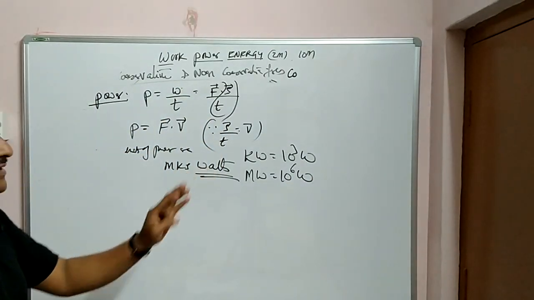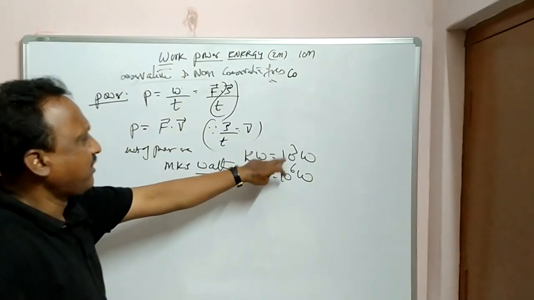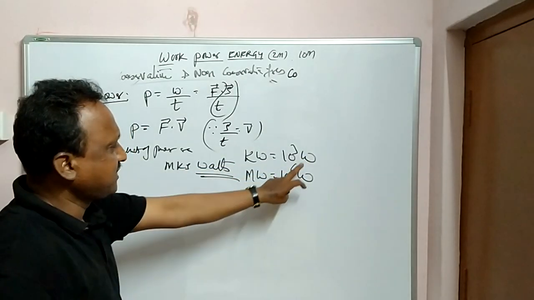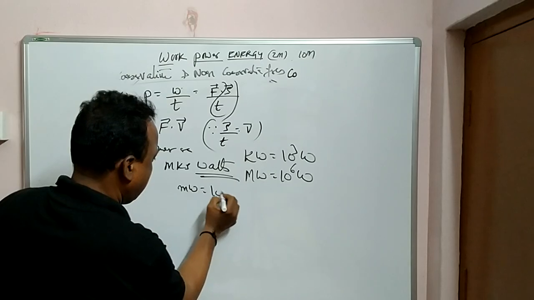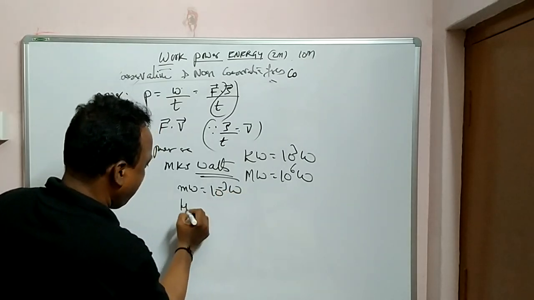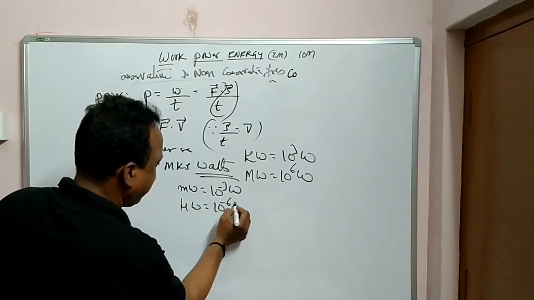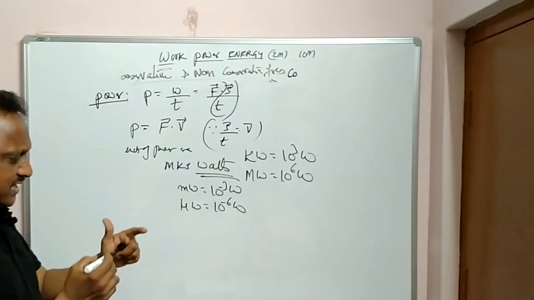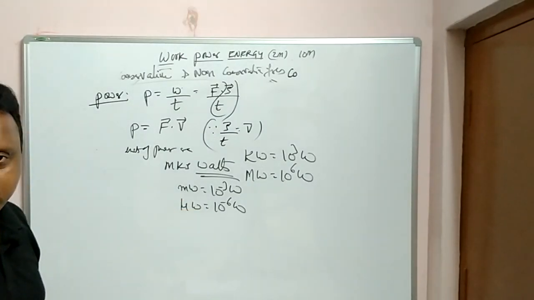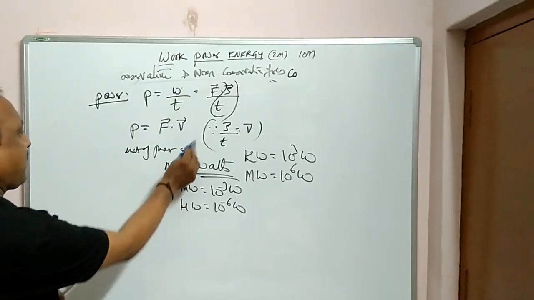So you can convert the factors here. kW means kilowatt, 10 cube watts. Megawatts means 10 power 6 watts. Milliwatts, 10 power minus 3. Microwatts, 10 power minus 6. Milli is 10 power minus 3 and micro is mu, that is 10 power minus 6. So like this you can also explain the power.